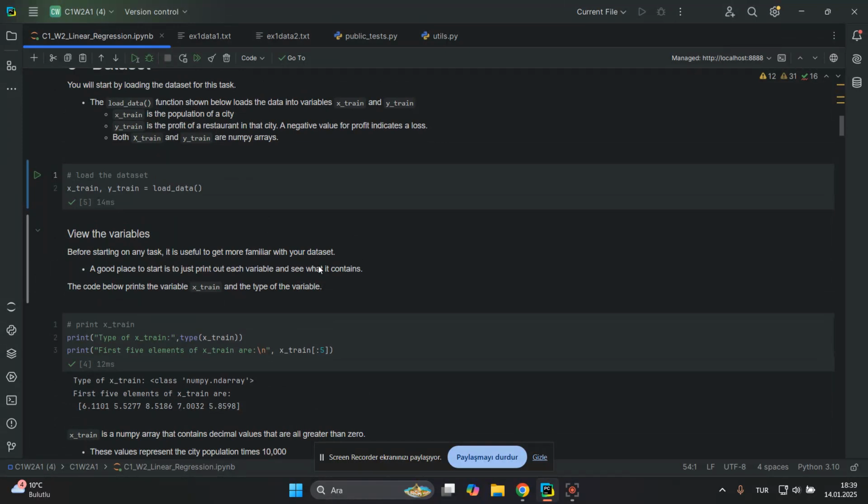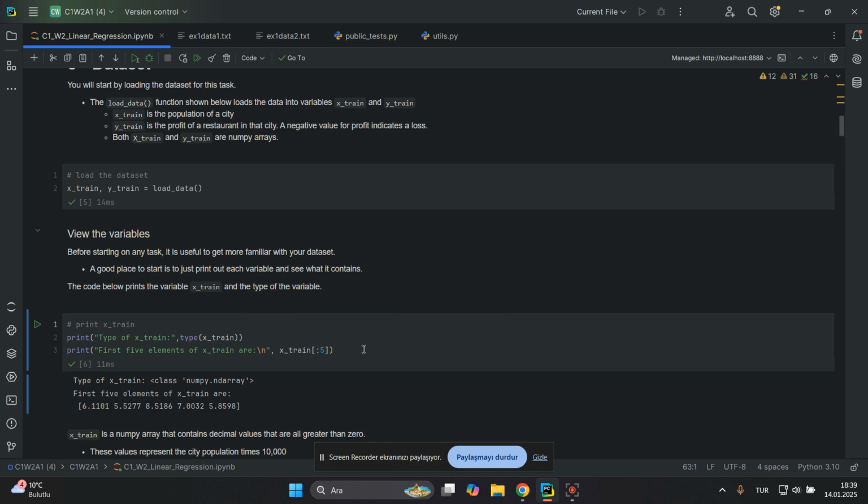Before starting a new task, it's useful to get more familiar with your dataset. A good place to start is to just print out each variable and see what it contains. In the code below, X-train and the type of the variable.